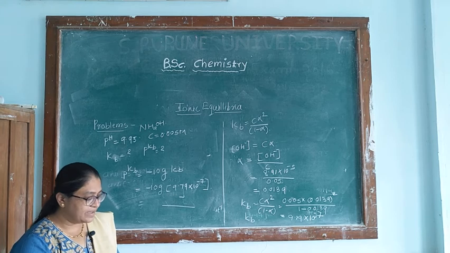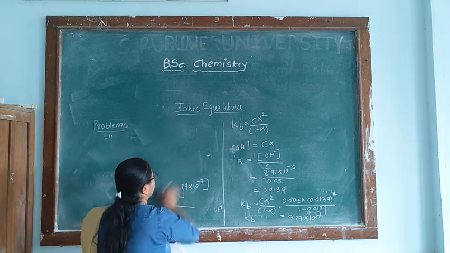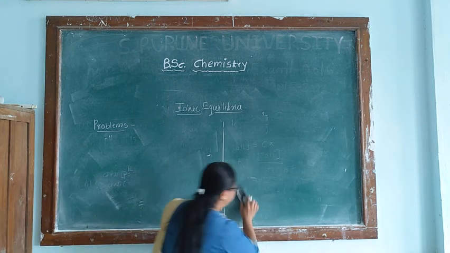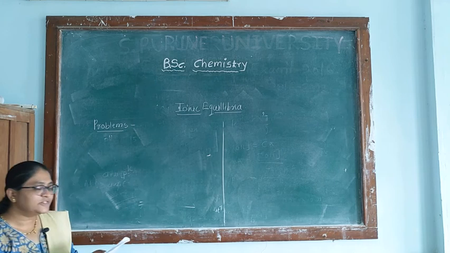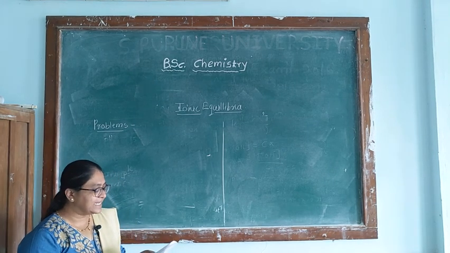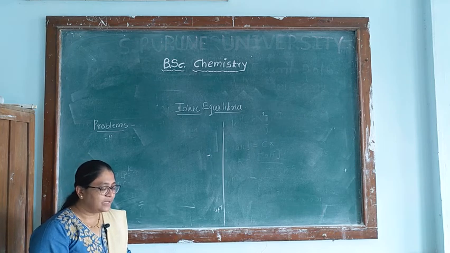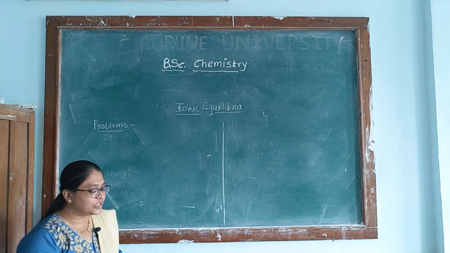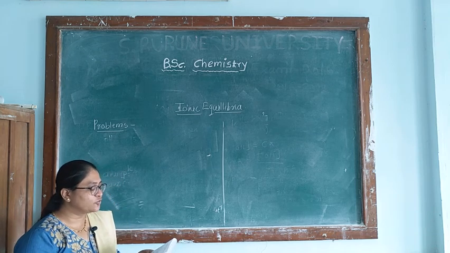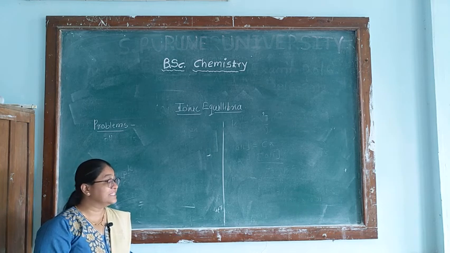Now the next problem is a buffer solution containing 0.25 molar acetic acid and 0.5 molar sodium acetate. Calculate the pH of the buffer solution if the ionization constant of acetic acid at room temperature is 1.82 into 10 to the power minus 5.